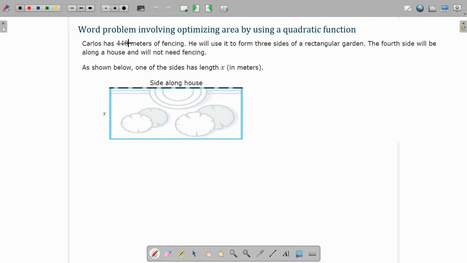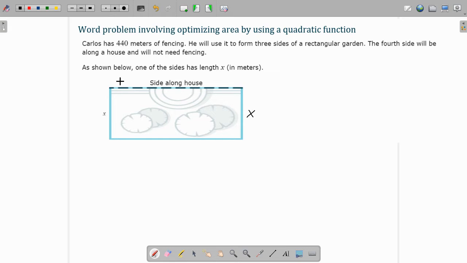All right, so we have 440 meters of fencing. We have a side of a house, so we're only using fencing for 3 sides. Now, typically, I think back to high school, if we're using multiple variables, we put a y here. But we want everything to have x. Otherwise, this is difficult.